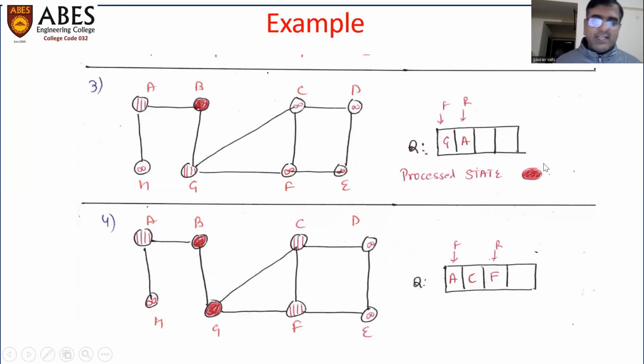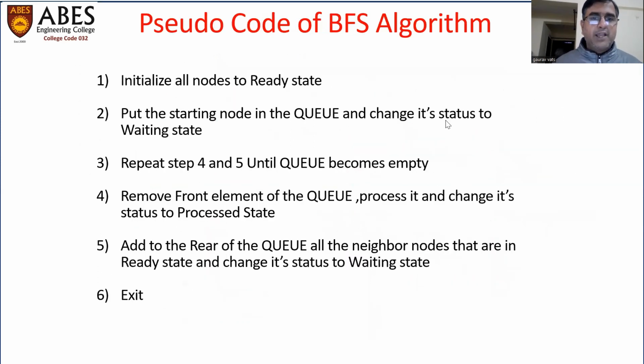So as I am following the algorithm, it says repeat step 4 and 5 until queue becomes empty. The fourth step says remove the front element from the queue, process it and change its status to process state. I have done that. Now what is the fifth step saying? Add to the rear of the queue all the neighbor nodes that are in ready state.